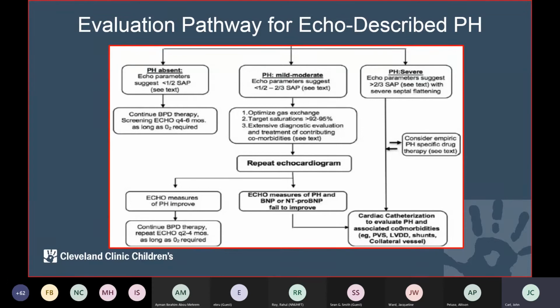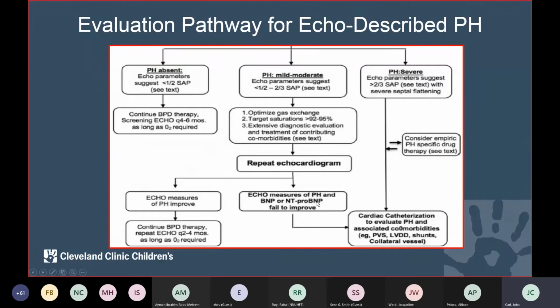So again, once echo-described pH is present, this is really not to go through the flow chart, but just to talk about circling back, based on the degree of initial pulmonary hypertension observed here. If over 2/3 with septal flattening, one's going to almost invariably go ahead and get to cardiac catheterization.